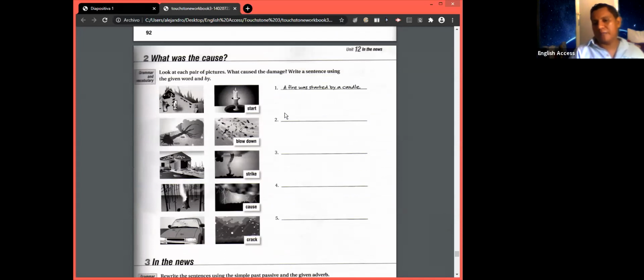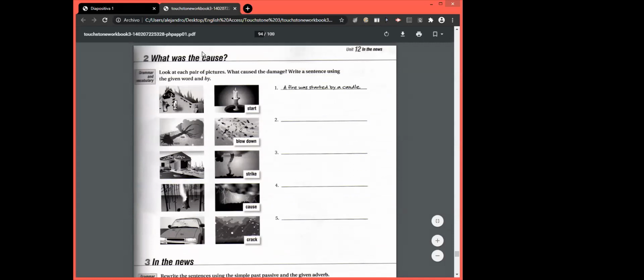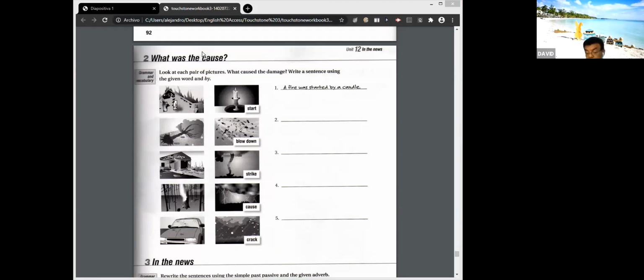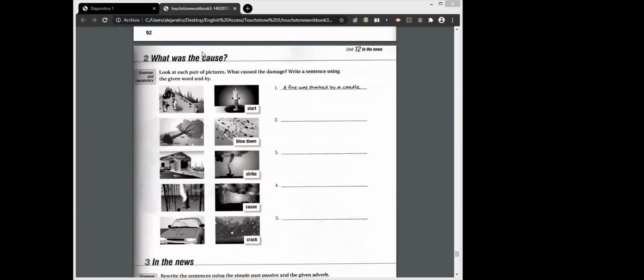Diana, can you read, please, from number 1 to number 5? For one, a house was struck by a candle. A tree was blown down by a hurricane. A farm was completely struck by a tornado. What's the verb in number 4?